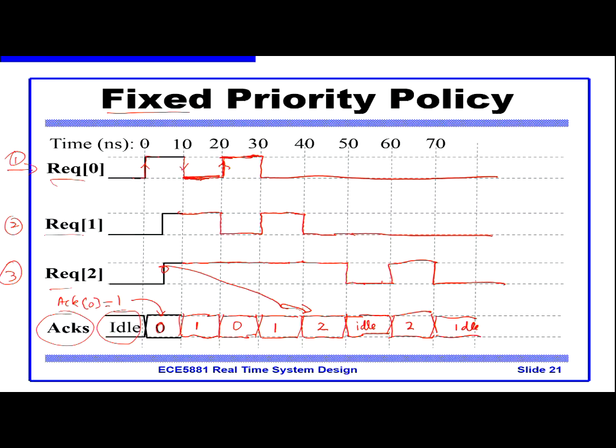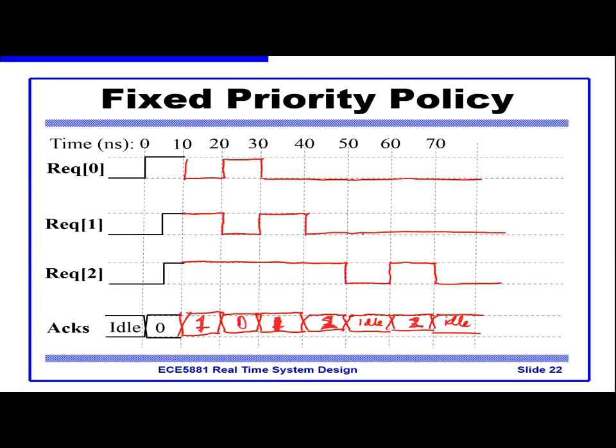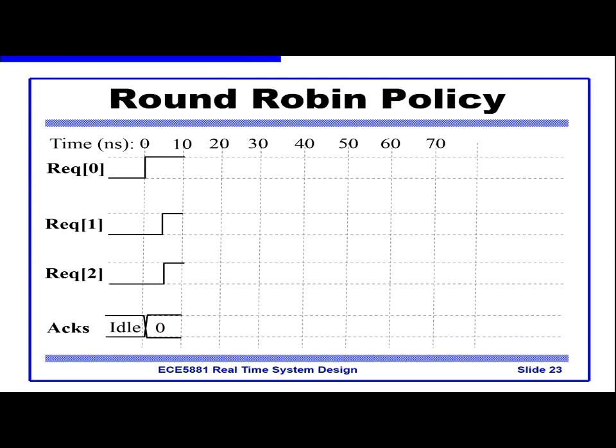Request 2 had to wait a long time, and not only that, the idle state here occurs when we should have really been doing something with that shared resource. So that's not a great outcome. It's not particularly efficient in terms of resource usage. So that leads to the next policy. We hope that the round-robin policy will fix these problems.